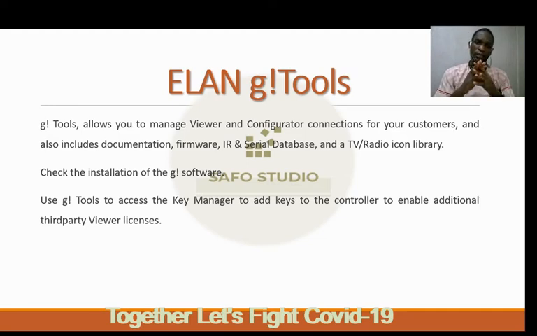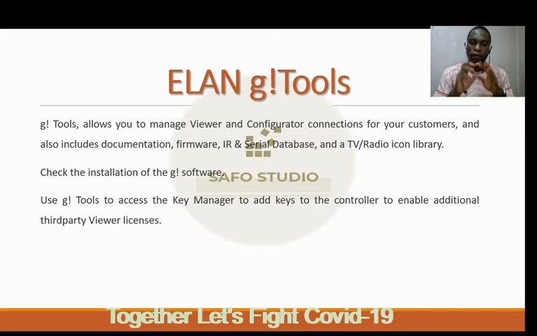What this means is that by default, when you have your Elan controller, you activate your Elan controller. G10, we have a series of controllers. We have different models, different sizes. Of course, it also has to do with the monetization aspect of it. G10, which is one of the highest grades of this controller, can only give you 3 third-party viewer licenses.